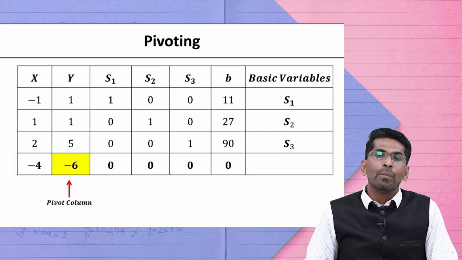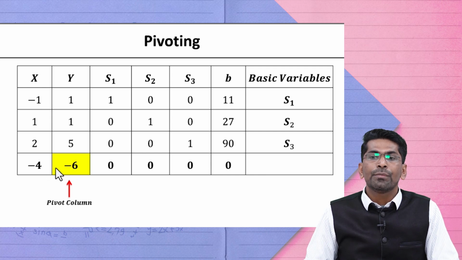In our example, from the bottom row of the table, the new coefficients of the objective function are -4 and -6. The smallest negative value in the bottom row is -6, so we consider this the pivot column, and we highlight it here.